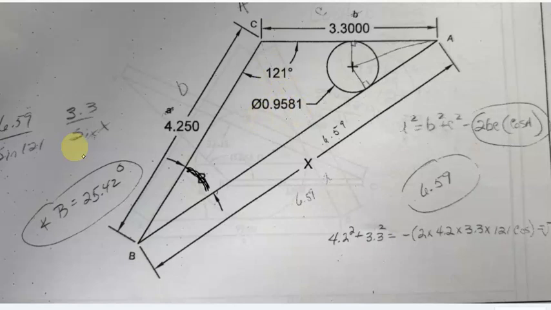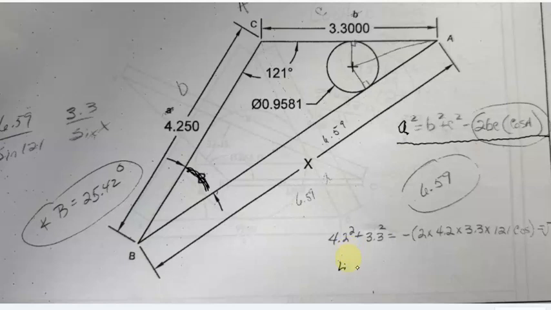Eventually we're going to use the law of sines to find angle B. But the first thing we need to do is use this formula that I talked about at the beginning. This is delving into the law of cosines. So I have side A, which I know, and that is 4.25.